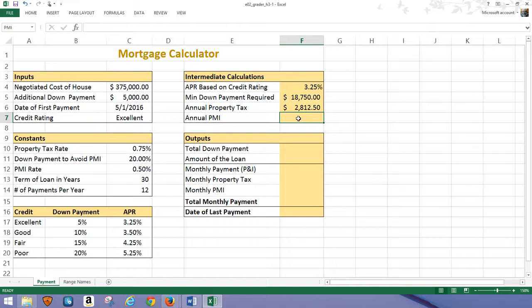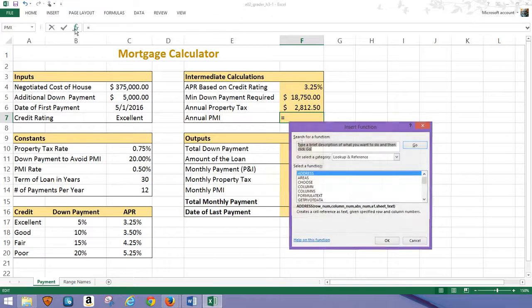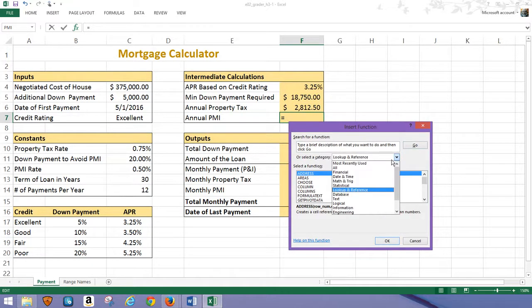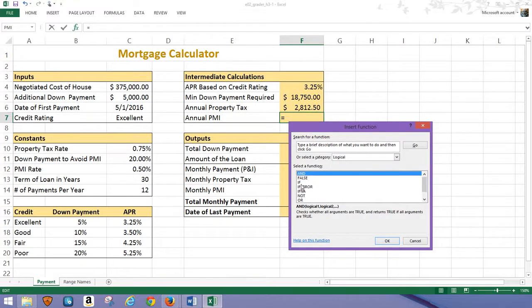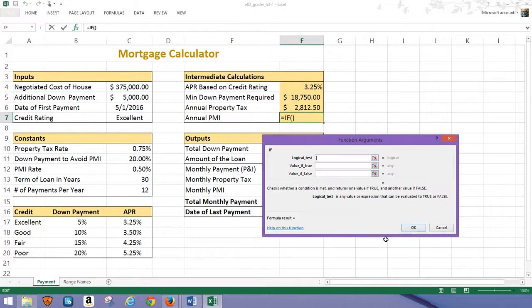Next, I need to know the annual PMI. So it says in cell F7, enter an if function to calculate the PMI. So this time I have to go not to look up in references, but I need to go to logical, and I need to go to the if statement. Okay, so what is my test?